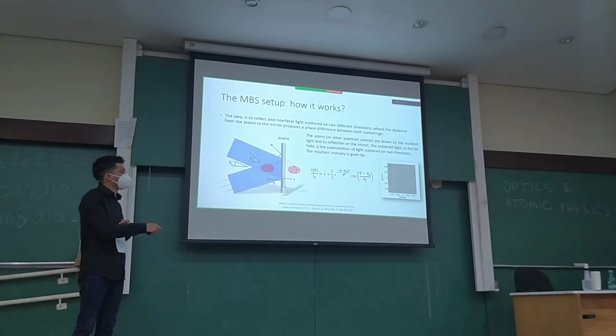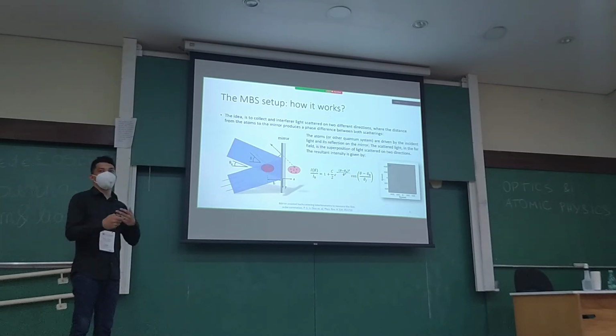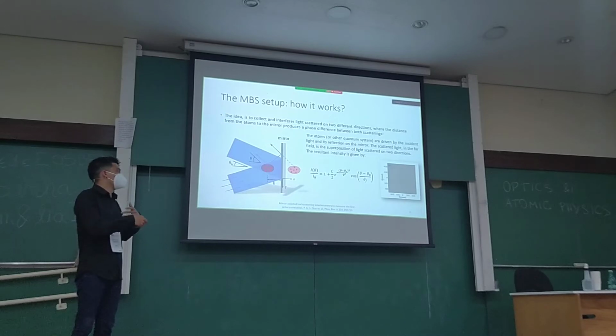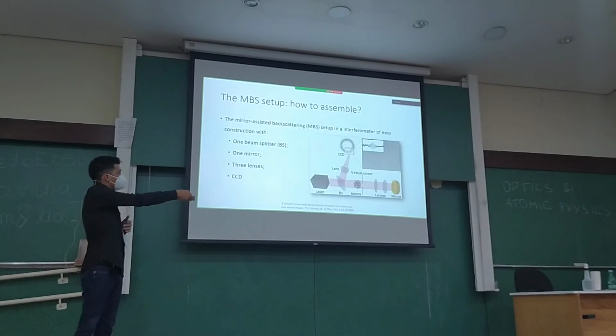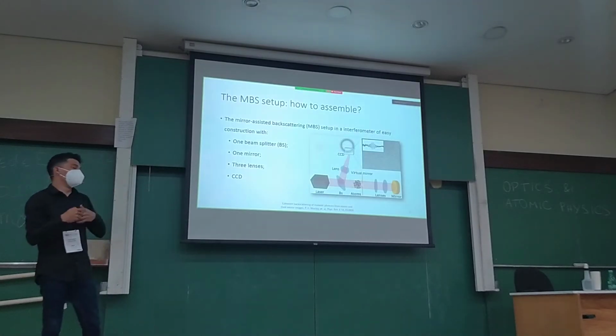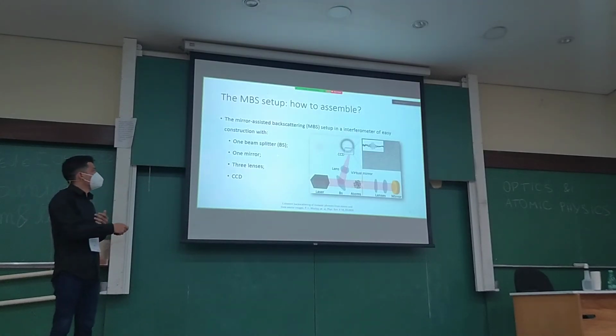But what is important is that the contrast of these fringes is what I'm going to use to measure my G1 itself. This is not something new. It happens for several interferometers, where the visibility of the fringes is proportional to the G1 function of the light.